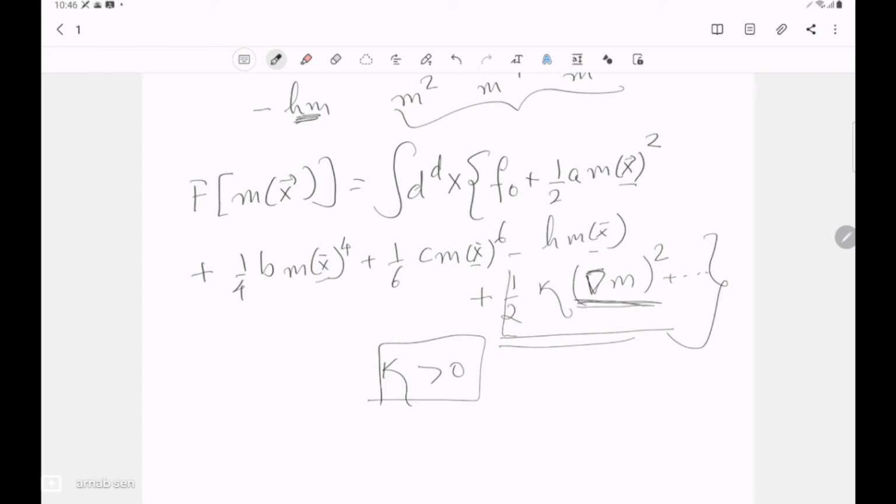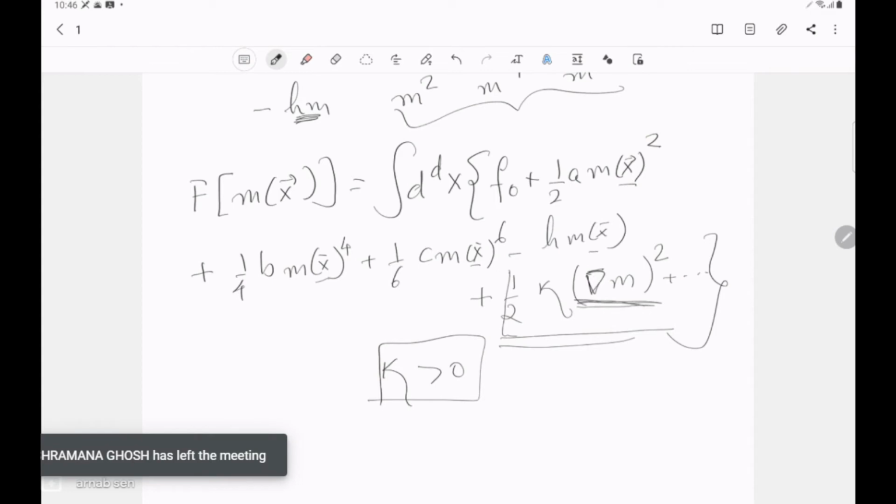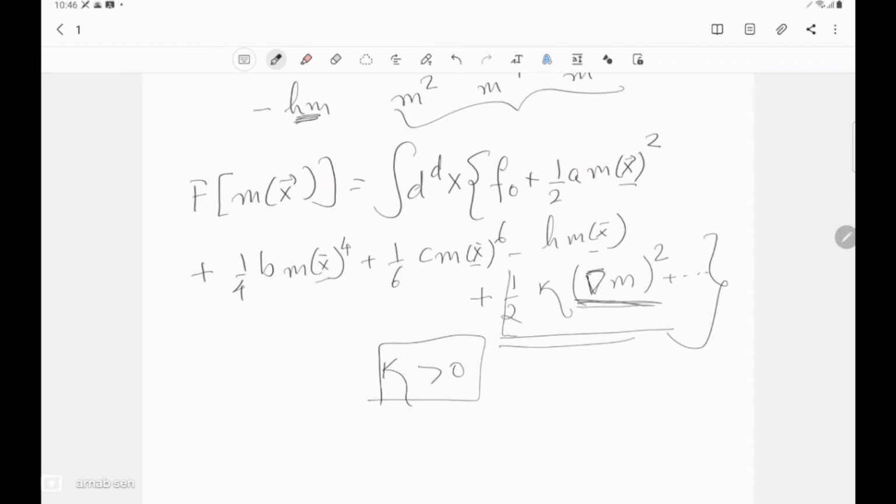Sorry, can someone please tell me something? Please don't type on the chat box as I've requested you many times. Please just say it. Do you guys know what gradients are?